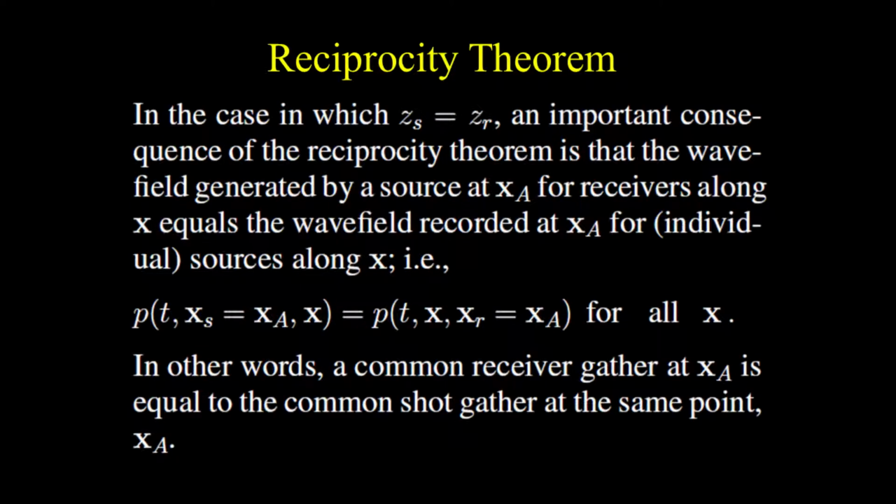In the case in which ZS equals ZR, an important consequence of the reciprocity theorem is that the wave field generated by a source at XA for receivers along X equals the wave field recorded at XA for individual sources along X, for all of X. In other words, a common receiver gather at XA is equal to the common shot gather at the same point, XA.